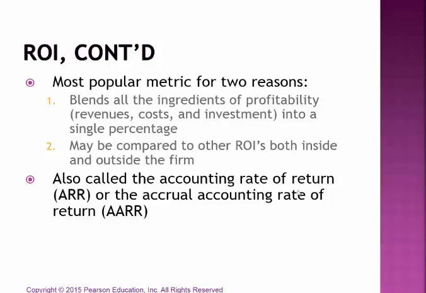Each subunit can raise their ROI by increasing revenues and or decreasing cost or decreasing the amount of investment. Again, if we happen to be using their asset number, total assets, could they not eliminate some property, plant, and equipment and change their result?